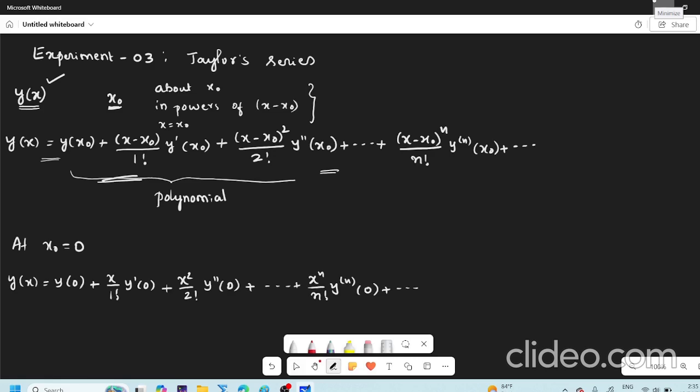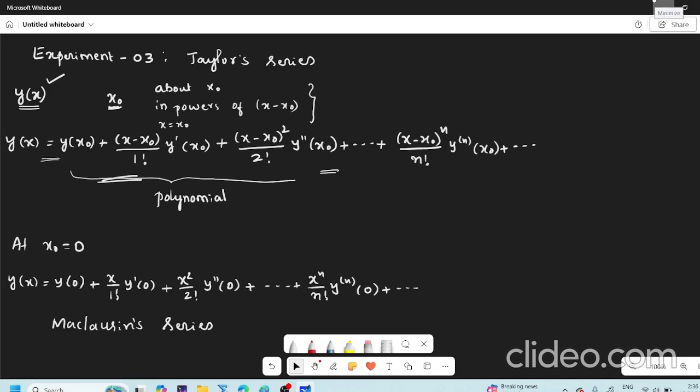This is called the Maclaurin series. So Maclaurin series is the special case of Taylor series. We can obtain the Maclaurin series by taking x naught equal to 0 in the Taylor series expansion. So this is the introduction about the Taylor series and Maclaurin series.